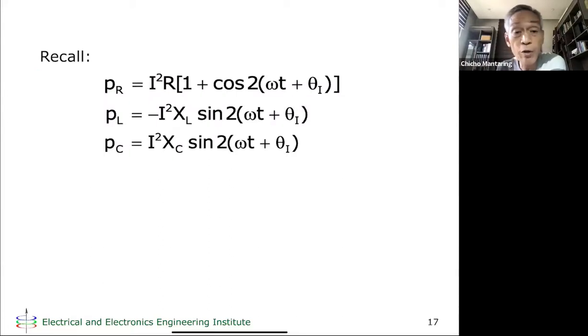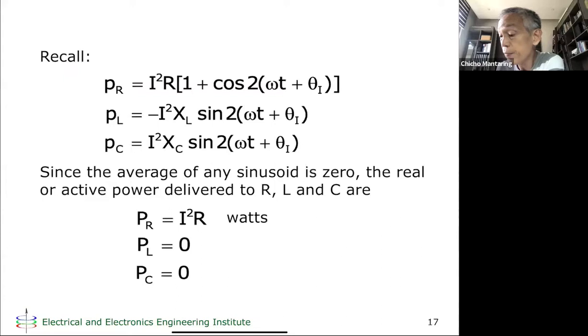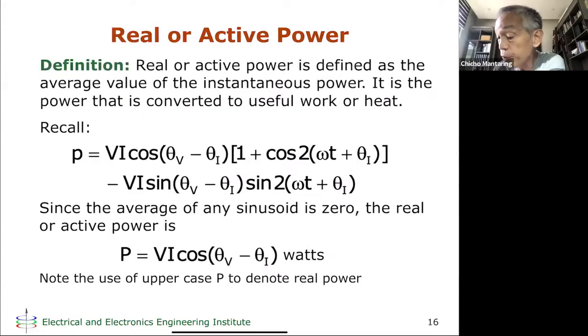Again, if we recall our expressions for the instantaneous power to a resistance, to an inductance, to a capacitance, the real or active power delivered to a resistor is I squared R, because this term here corresponds to this term here.